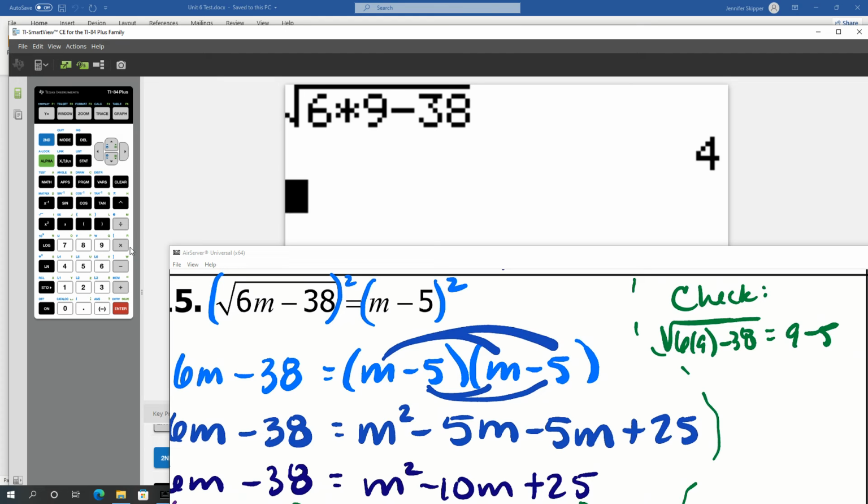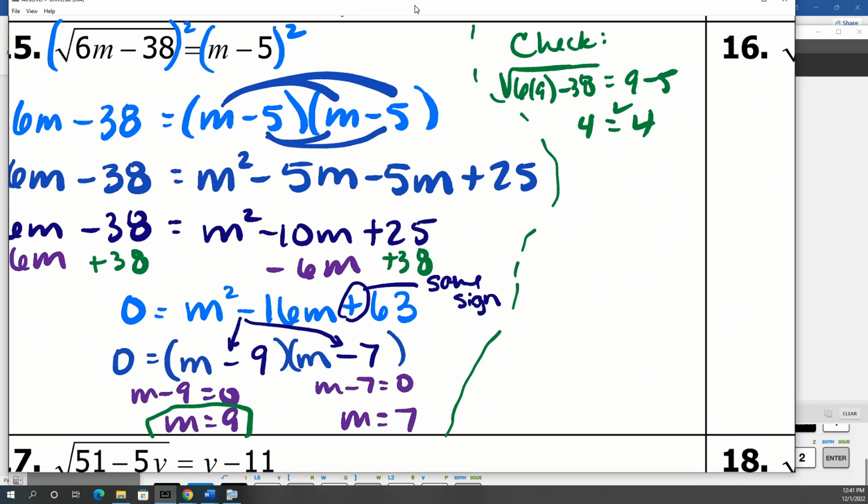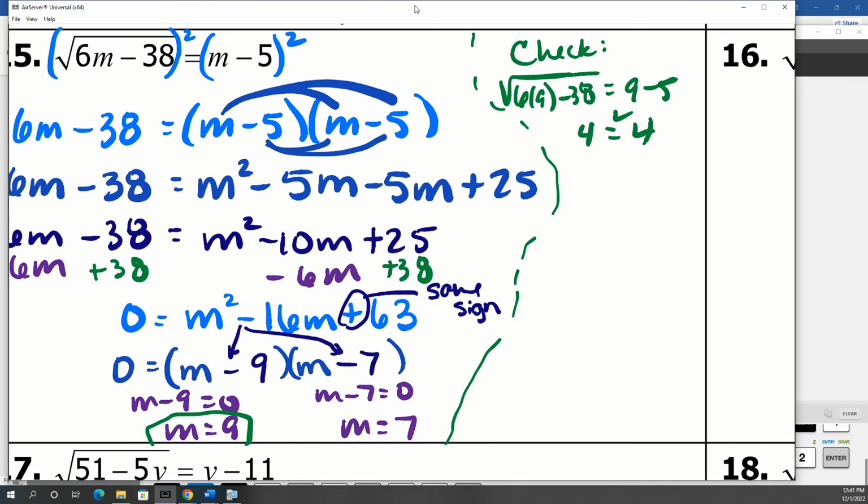All right, so that's going to give me 4. And then I can do 9 minus 5 in my head. You get 4 equals 4. So that's right. All right, and then we'll check 7.